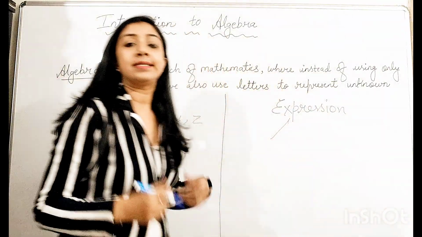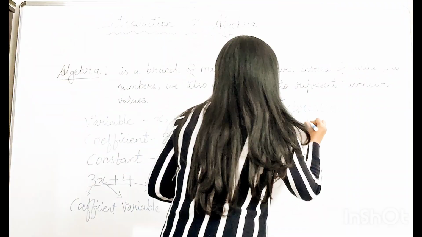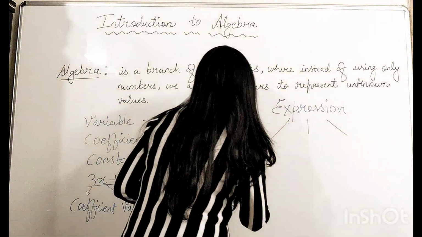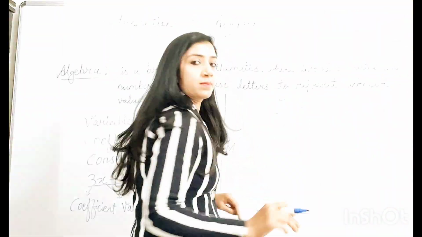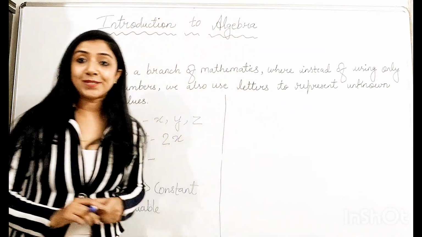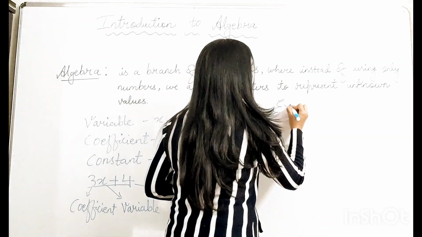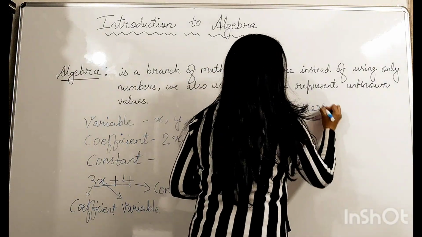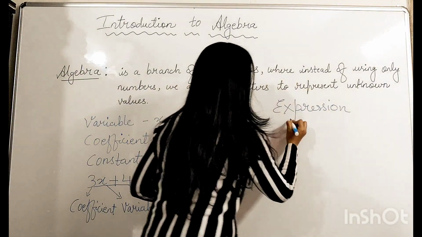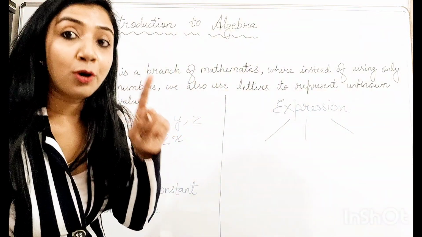Now if you segregate expression, there are three types of expression. Expression is of three types. Okay, so the first one is monomial.